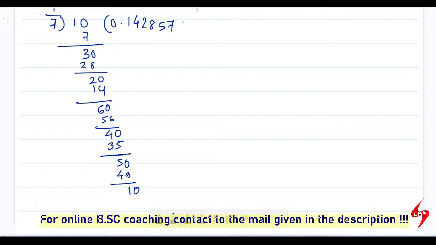Again the repeating term is happening, that is 10 here and here it is also 10, repeating.